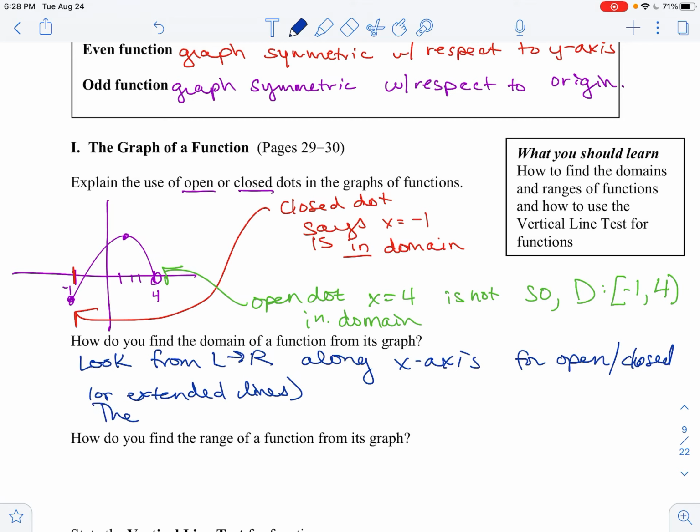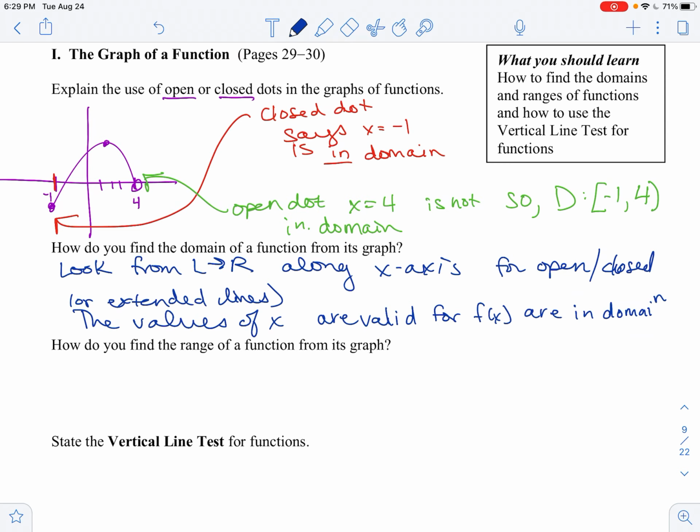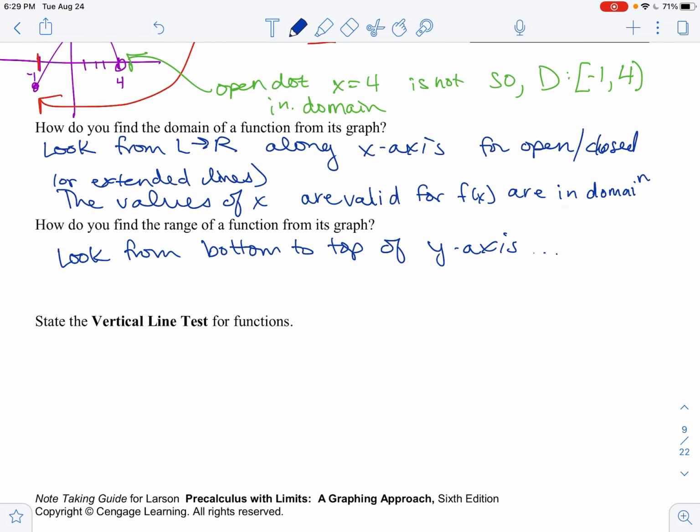The values of x that are valid for f(x) are in the domain. So if x makes the statement valid, it's in the domain. How do you find the range? You look from the bottom to the top of the y-axis, similarly to the domain.